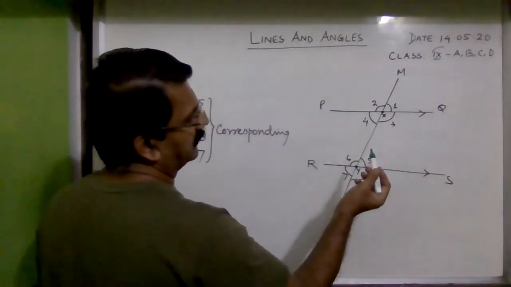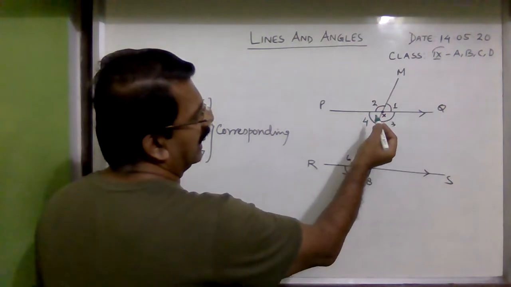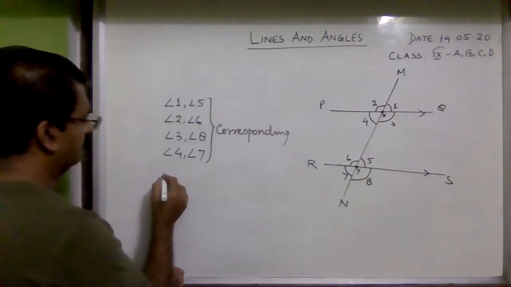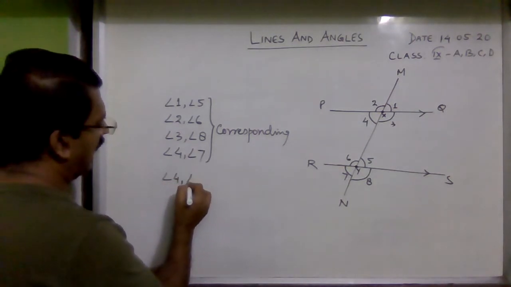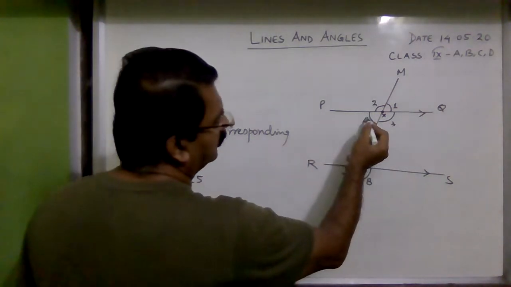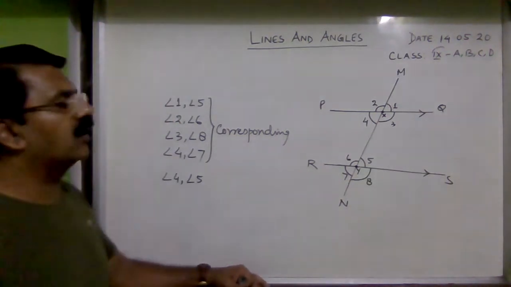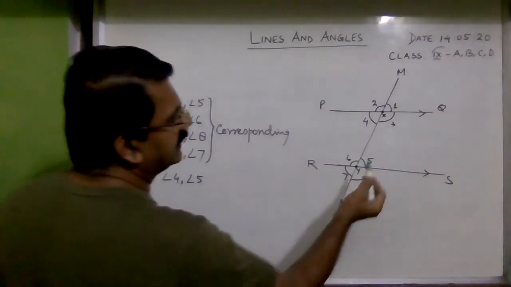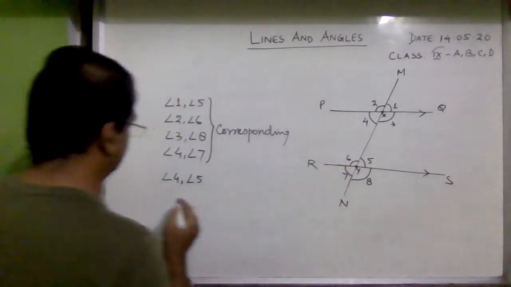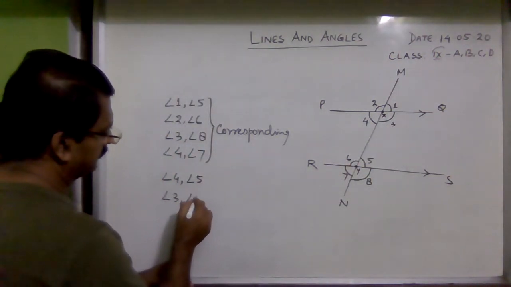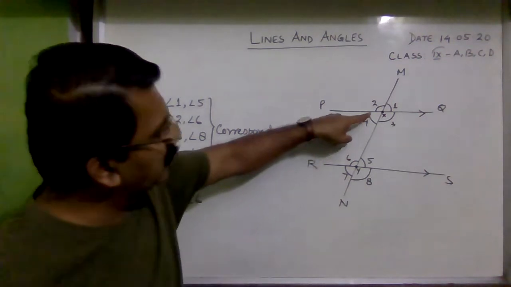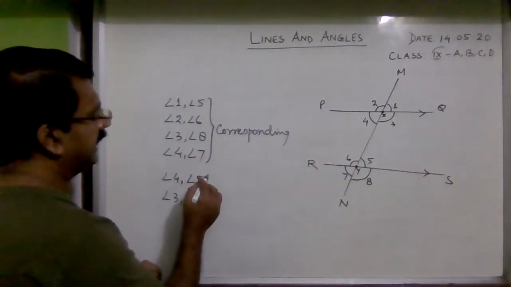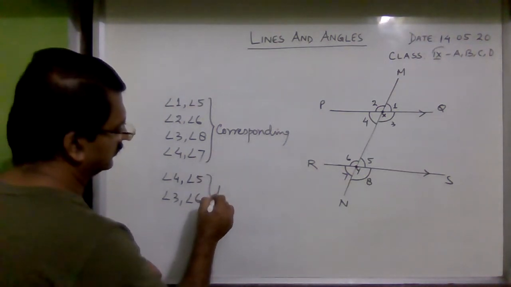Now angle 4 and angle 5 are called alternate interior angles. Similarly, angle 3 and angle 6. I repeat, angle 4 and angle 5 and angle 3 and angle 6 are called alternate interior angles.